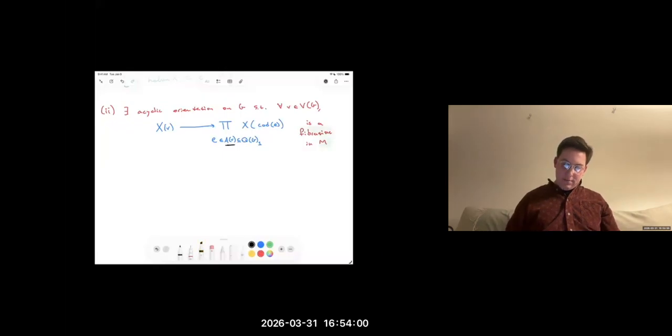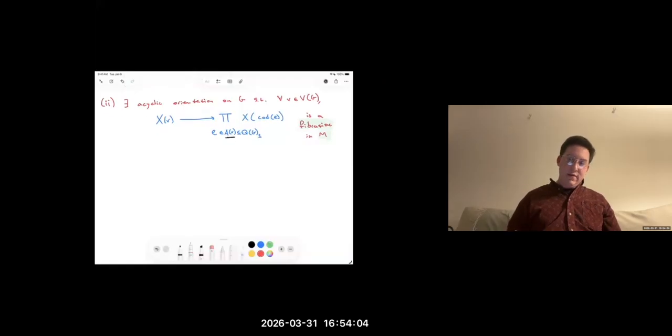Okay, so here's what that set A of V is. Locally in G, V is a vertex, and it has some edges going in, and it has some edges going out. Of course, in our situation, all the graphs are trivalent, but this is more general. It doesn't require that at all.